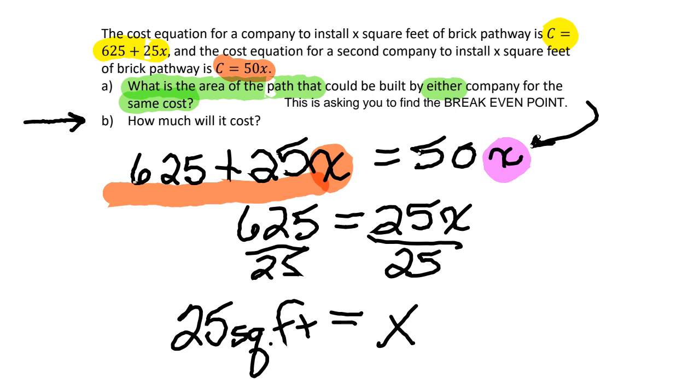If I take 625 plus 25 times 25, this will equal, in this case, $1,250. But if I take 50 times 25, I am still getting $1,250.